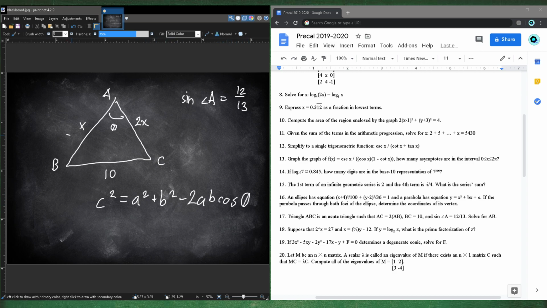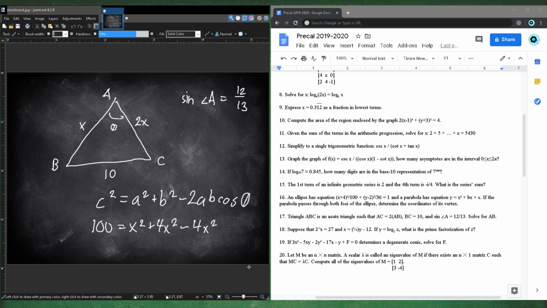A and B are just the side lengths that connect the angle, it doesn't matter which one's which. And c is the side length opposite of that angle, so it's the 10. Plugging into this formula, we have 10 squared, which is 100, plus x squared, plus 2x squared, which is 4x squared, minus 2 times x times 2x, which is minus 4x squared, times cosine of theta.